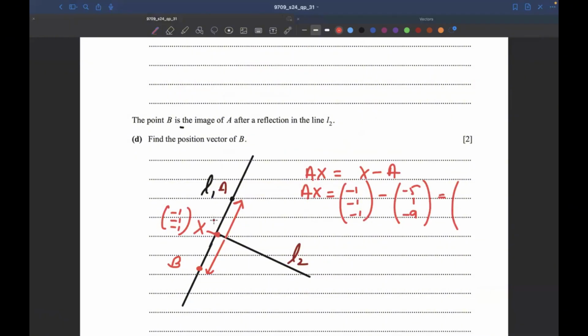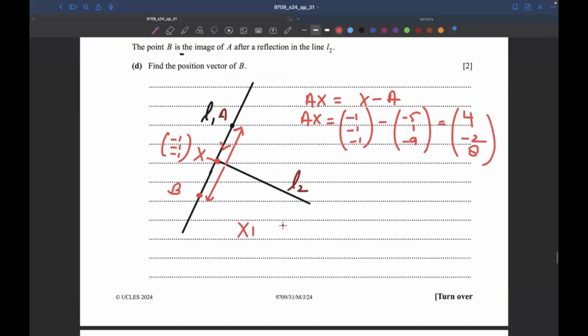So the direction vector of AX is -1 plus 5, that is 4; -1 minus 1, that is -2; and -1 plus 9, that is 8. XB will be exactly the same. XB will be B minus X. Whatever AX is, that will be the same as XB.